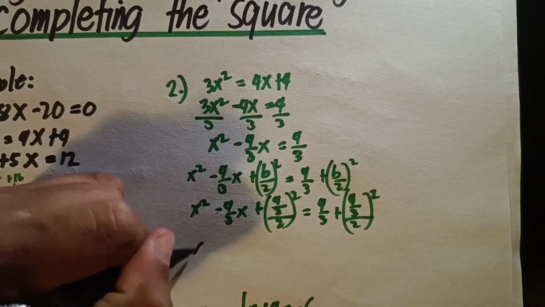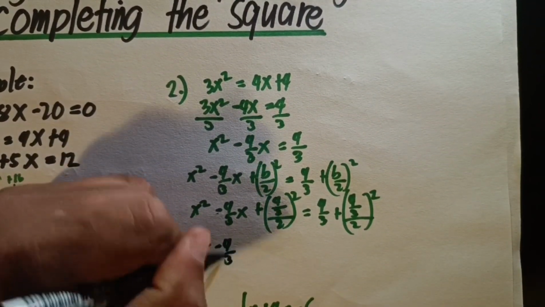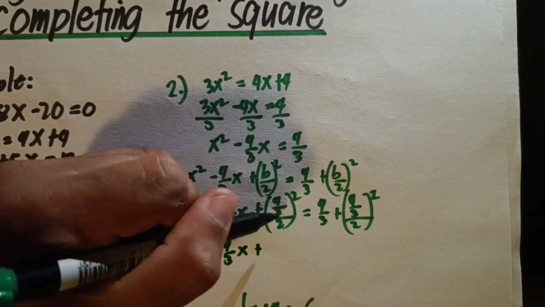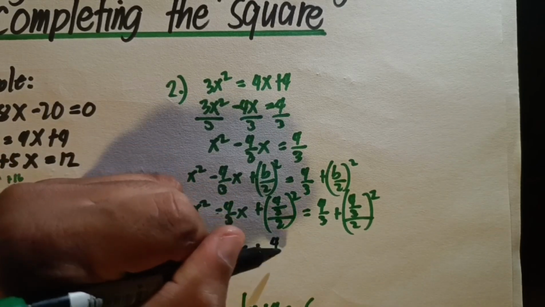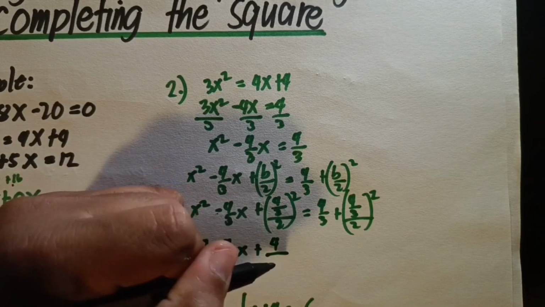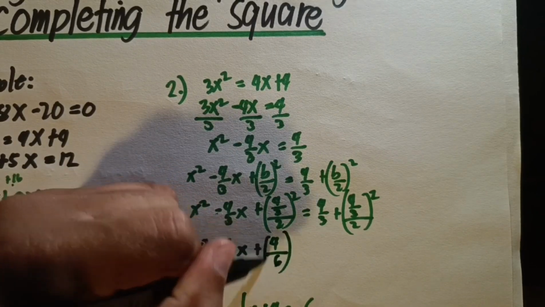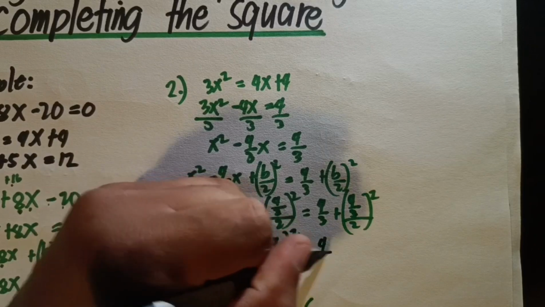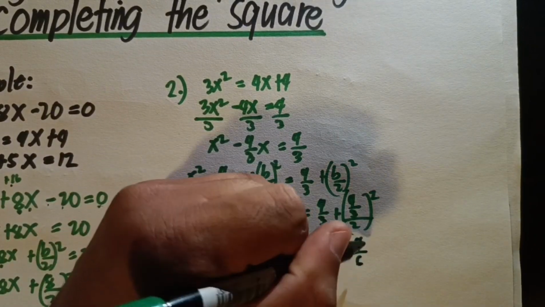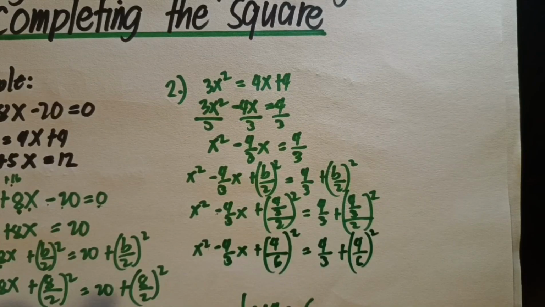Then x squared minus 4 over 3x plus 4 over 3 over 2, which is the same as 4 over 6, since you multiply 3 by 2. Then copy squared equals 4 over 3 plus 4 over 6 quantity squared.